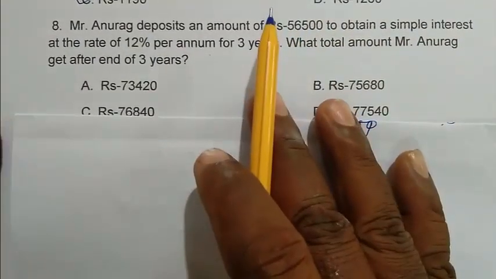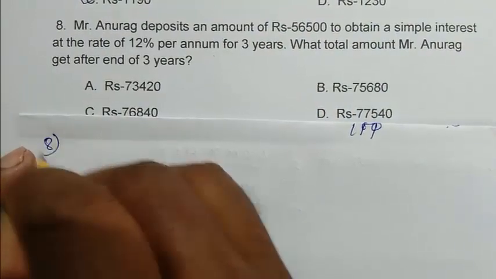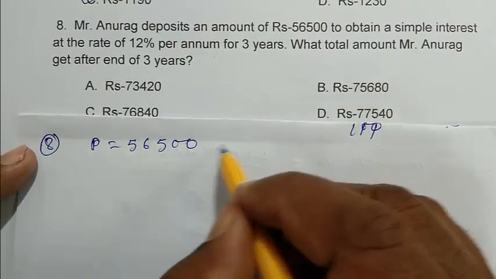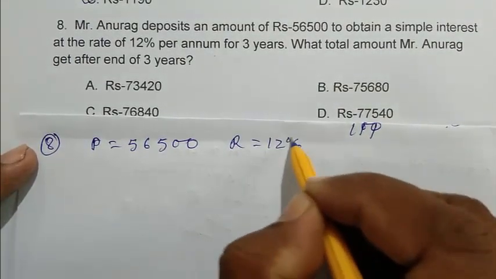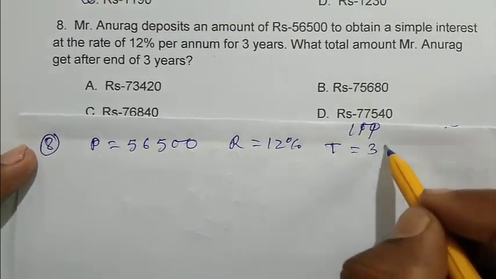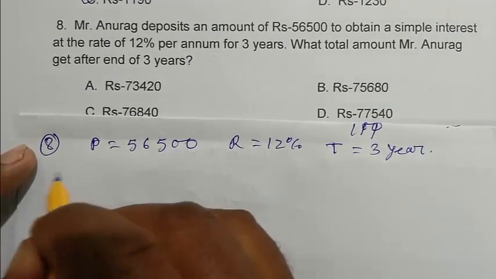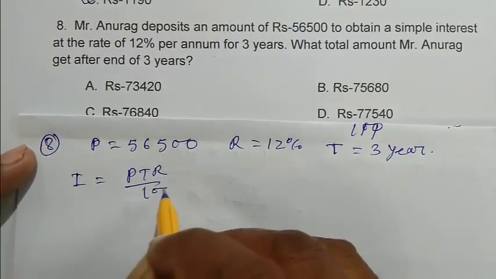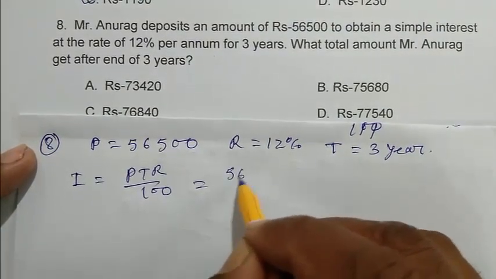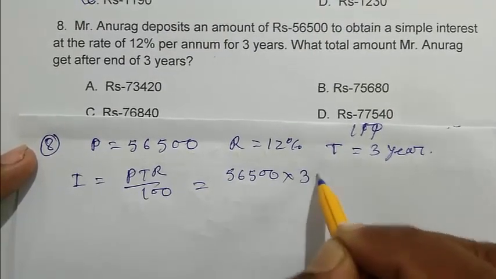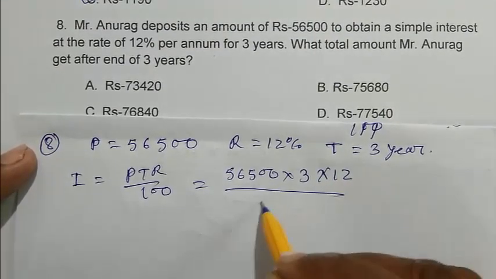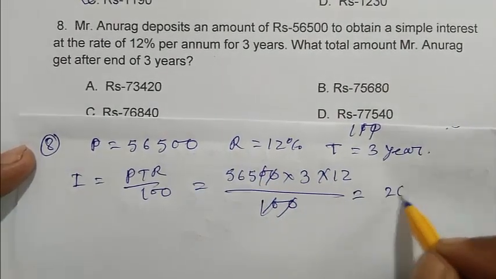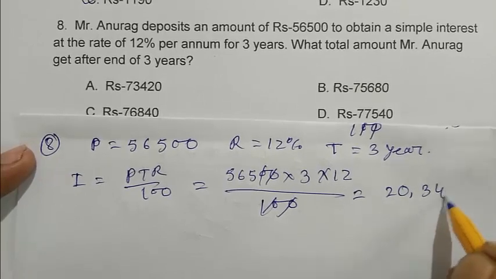So we calculate it from the formula: principal 56,500, rate 12%, time 3 years. Interest is equal to PTR by 100, that is 56,500 into 3 into 12 by 100, which is 20,340.